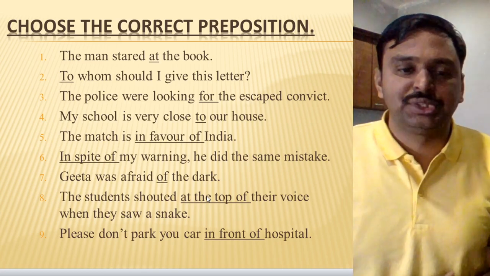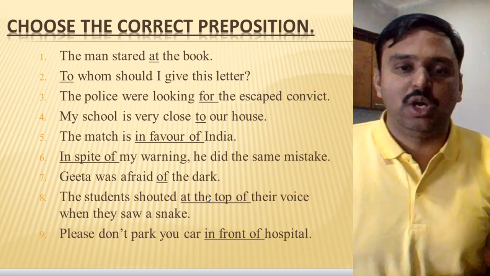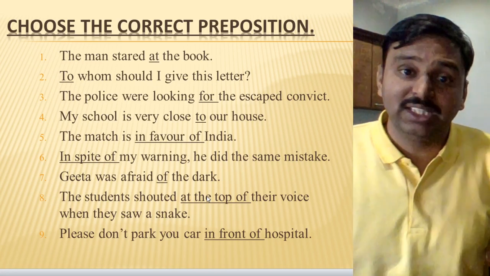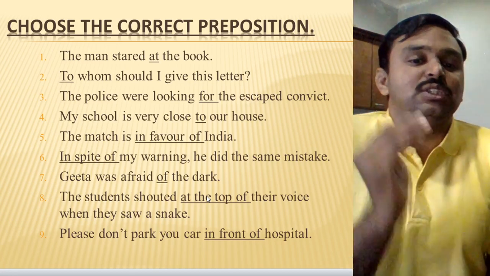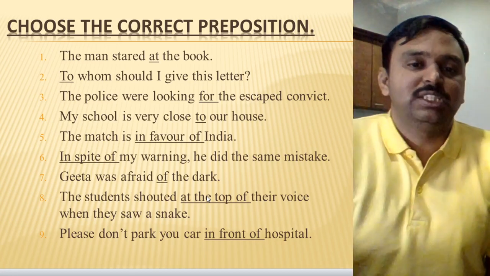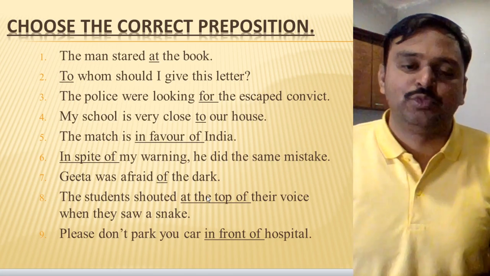Let's go to the fourth question. My school is very close to our house. 'From our house' can also be correct, but 'to our house' means the school is near our house, and 'from our house' means from your end you are speaking of the school. So that way it can also be correct, no problem.